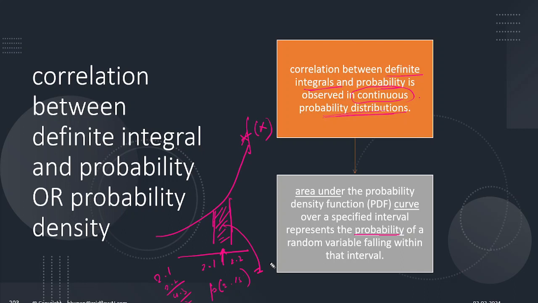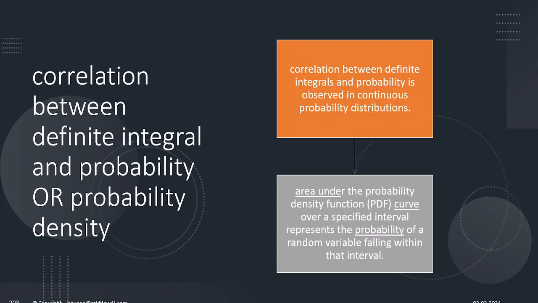So the approximation that we make is to take a small region around 2.15, slightly lower on the left-hand side and slightly more on the right-hand side, and then we compute the area by using a Python function. So this is the correlation between the definite integral and the probability in the case of a probability density function.